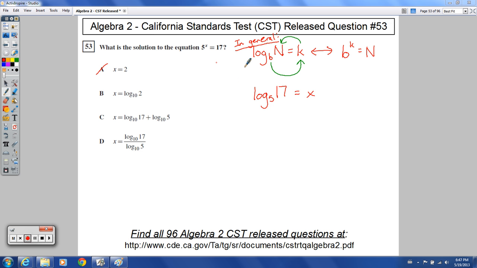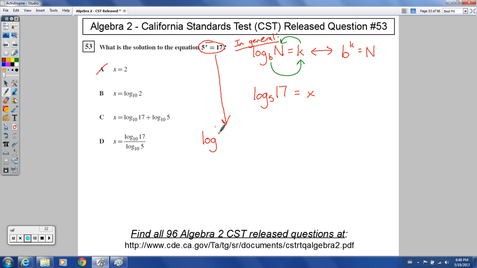But we can also apply some laws of logarithms. Just like I can divide by 5, or subtract 5 from both sides of an equation and still keep it balanced, if I take the logarithm of both sides, it still keeps it balanced.